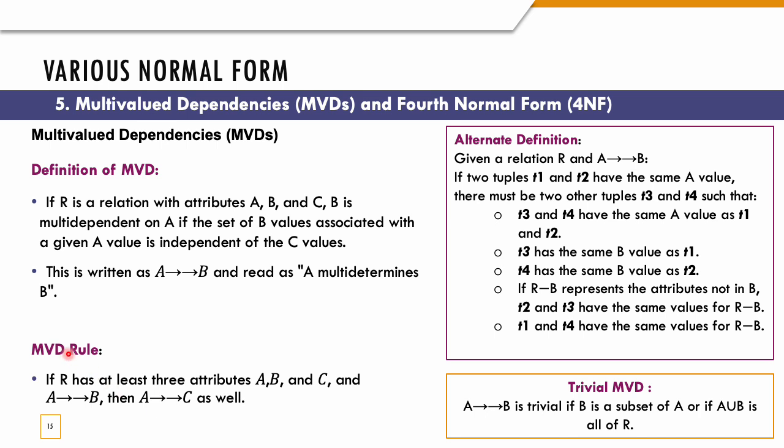Okay, talking about the MVD rule. If a relation R with the attributes A, B, and C has an MVD, A double right arrow B, then we also have A double right arrow C as well.